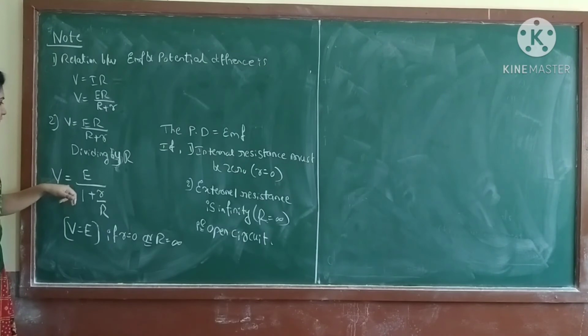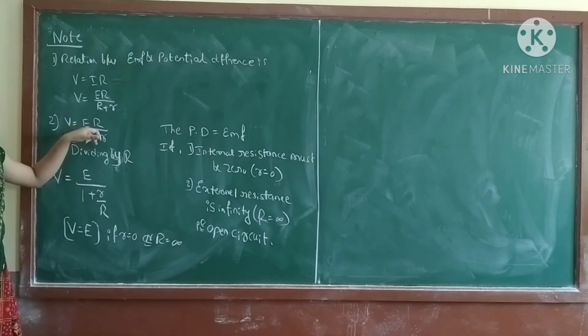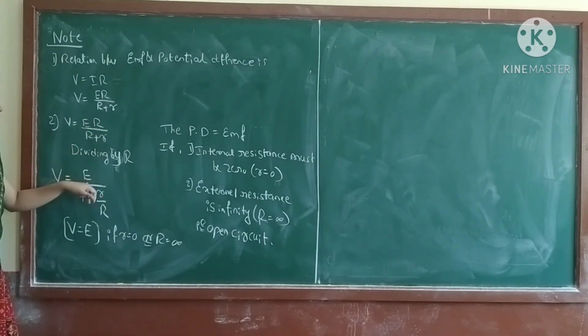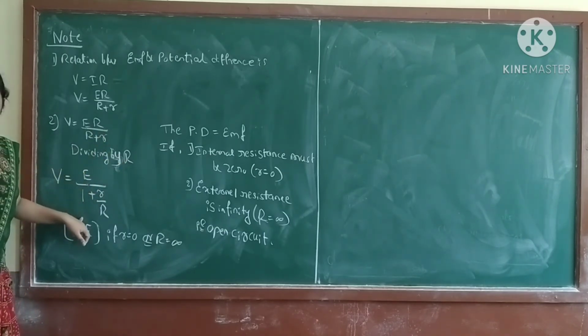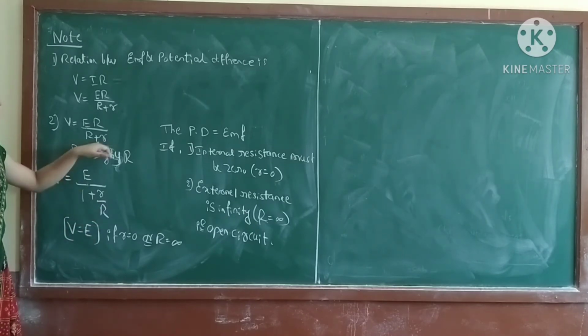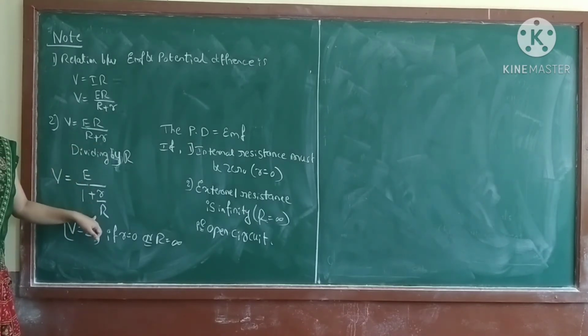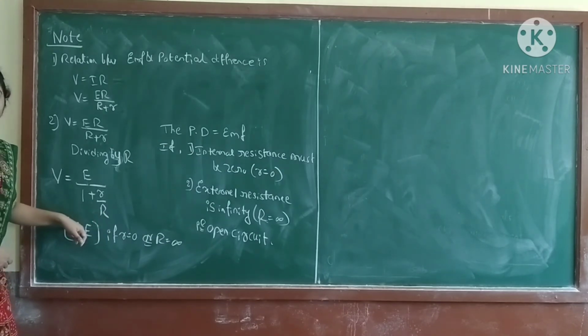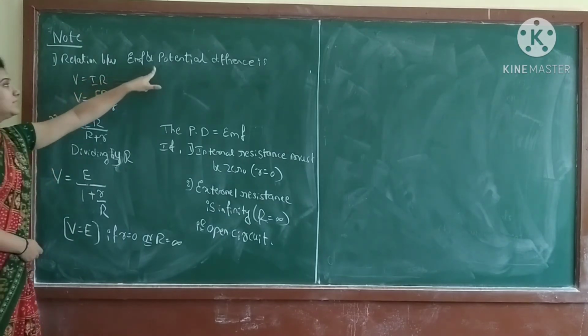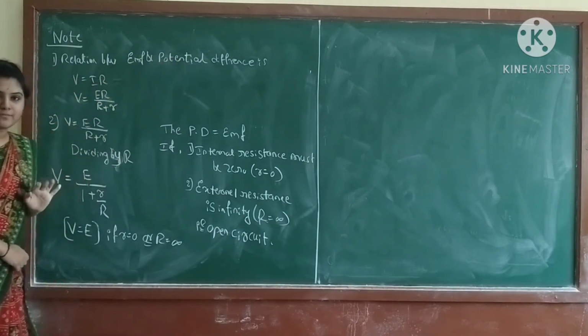So what will you get? V is equal to E divided by, only E will remain, R will get cancelled here, then R divided by R will become 1 plus small r divided by capital R. Yes. So now what will happen, we use the relation that EMF is equal to potential difference.